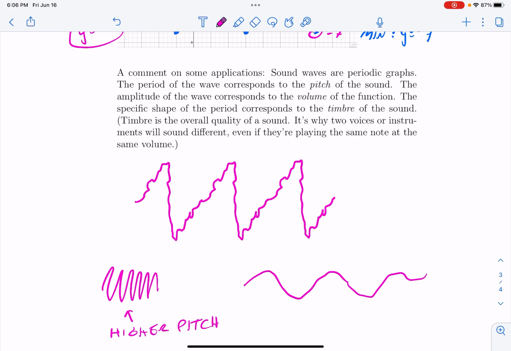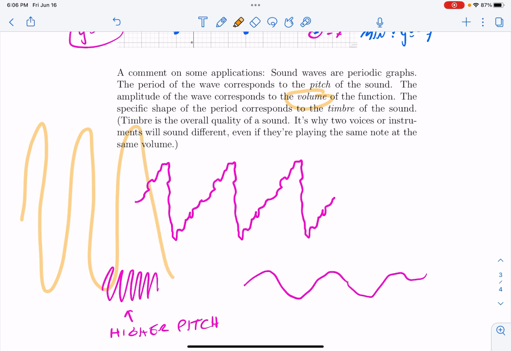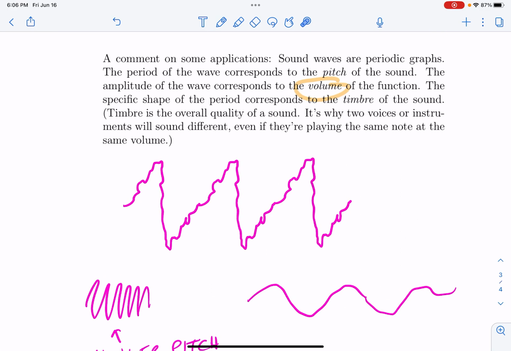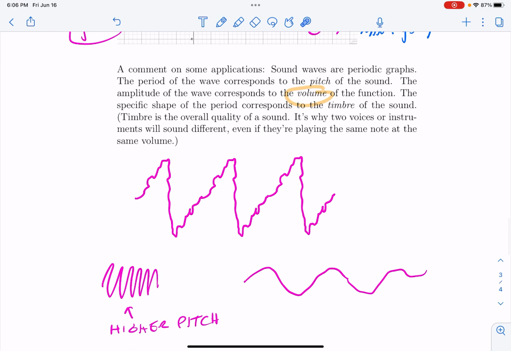The amplitude corresponds to the volume. So if we have a wave that goes way up and way down, that would sound loud to us. If it's more like this, just a little bit up and a little bit down, that would sound quiet to us. And then the other difference is the shape of the period affects what's called the timbre.